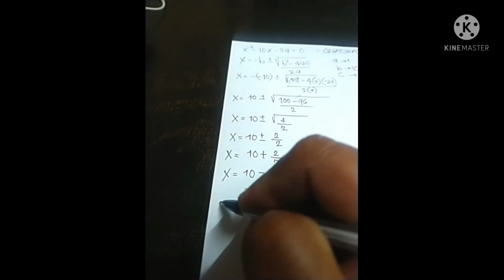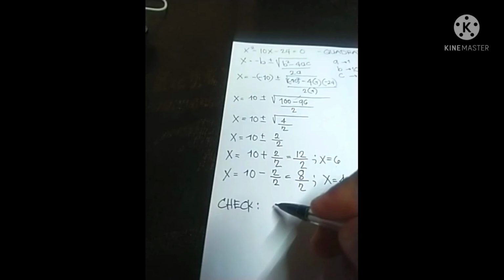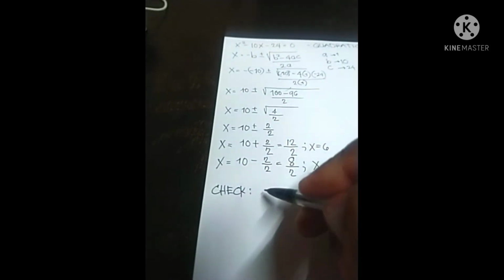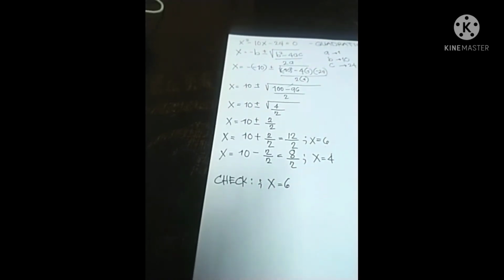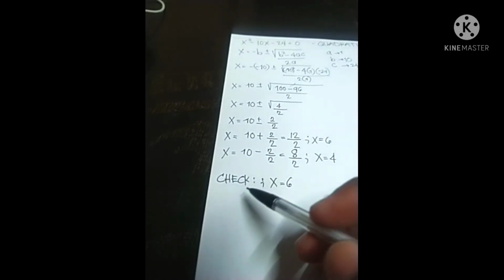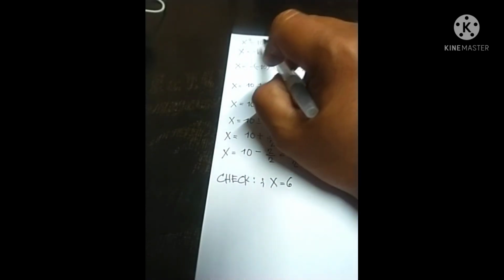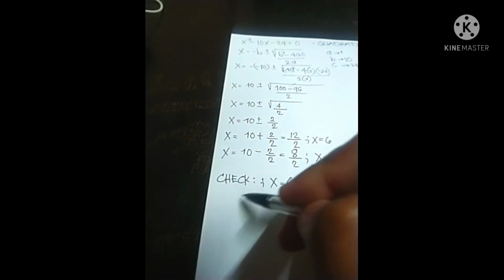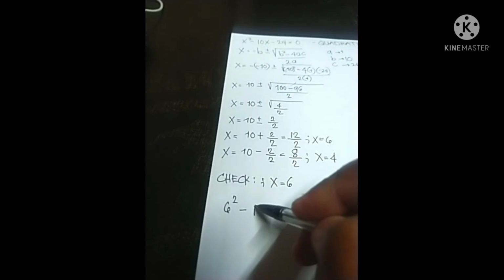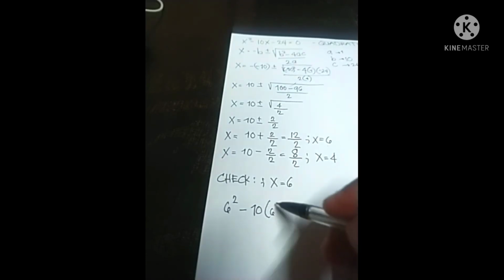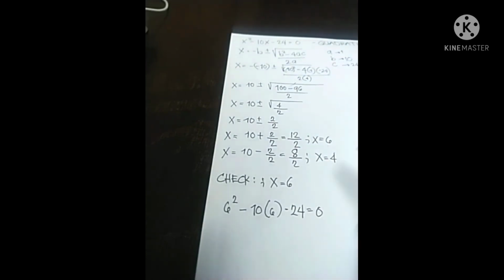So by checking, from x is equals to 6, by substituting from the equation, this is 6 squared minus 10 times 6 minus 24 is equals to 0.